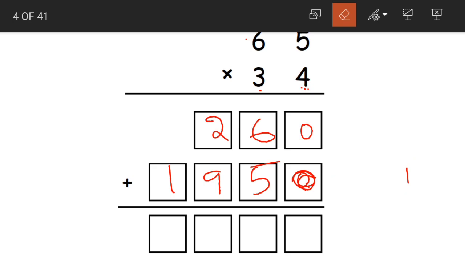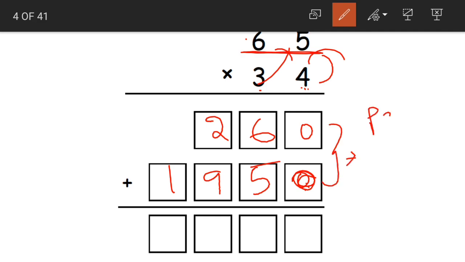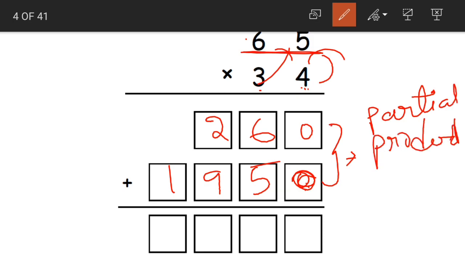What did we do? First we multiplied the multiplier 65 with 4 and then with 3. Yes, now what are these two called? These two are called partial products. Yes, these we got by multiplying, so these are called products, but it is not our final answer, so they are called the partial products.